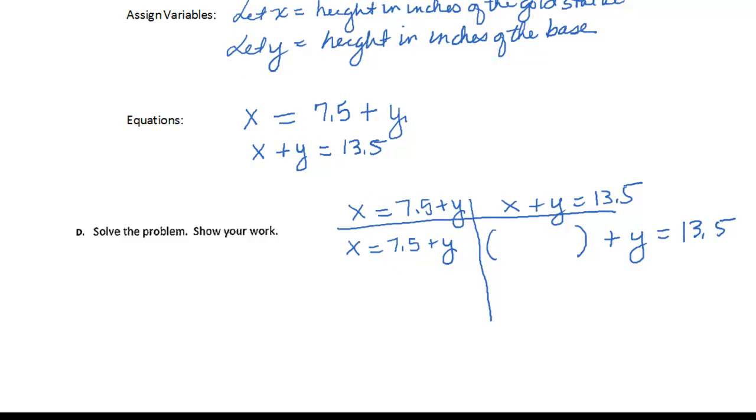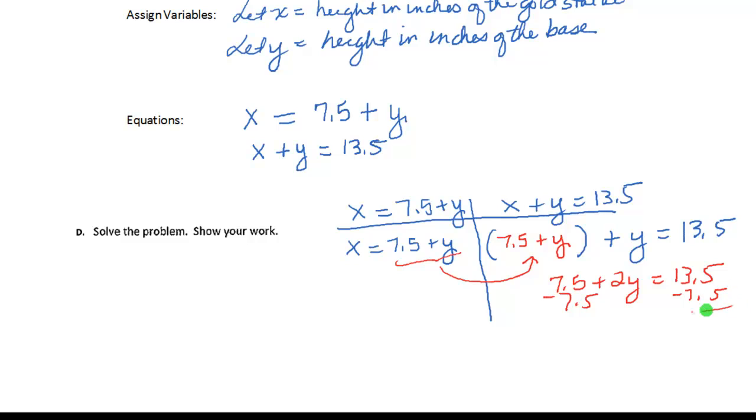Now I'm going to substitute, in a different color, this expression where the x was, so 7.5 plus y. Now we're going to add the like terms on the left-hand side. So we get 7.5 plus 2y equals 13.5. Subtract 7.5. So 2y equals 6.